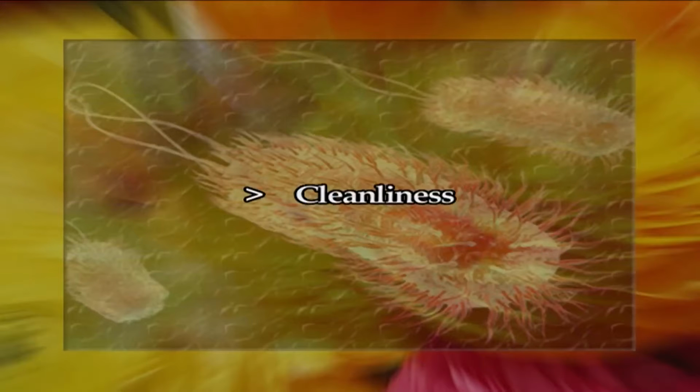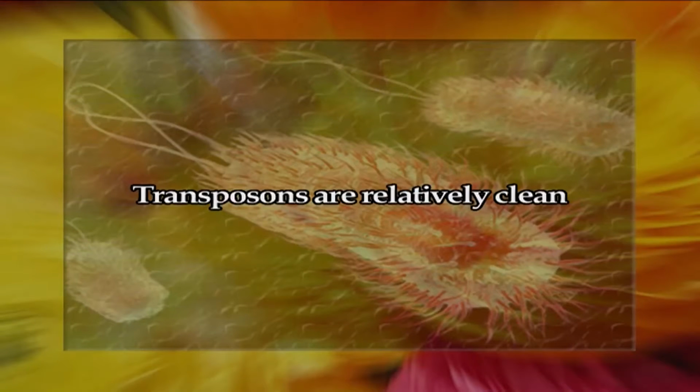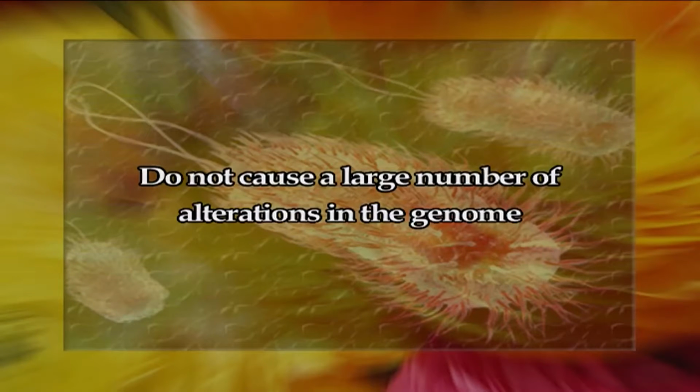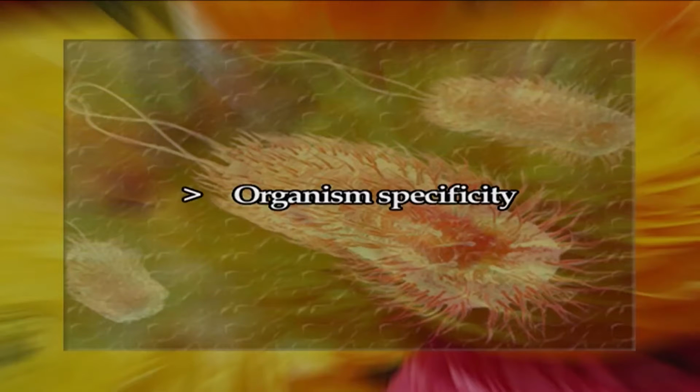Number 3, cleanliness. As a mode of mutagenesis, transposons are relatively clean. That is, in contrast to other forms of mutagenesis, they do not cause a large number of alterations in the genome. Number 4, organism specificity.